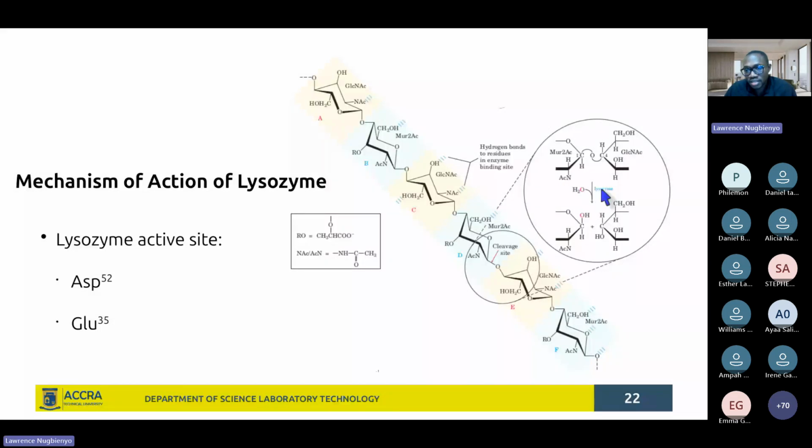Lysozyme comes in that hydrolytic reaction, and you find the two monomers separated. The bond between them is broken. That way, you have the cell wall of the bacteria broken. That will result in the death of the bacteria.